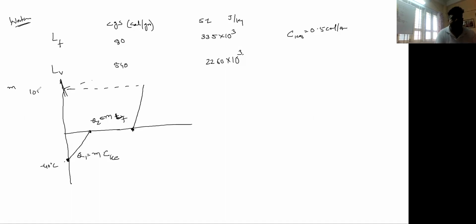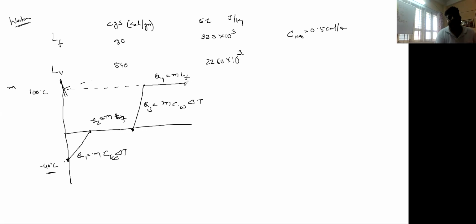100 degrees centigrade. So this is Q3: mass, specific heat of water, and change in temperature. Here the change in temperature is 40. Now this is 100 degrees centigrade of water converted into Q4: mass, latent heat of fusion.